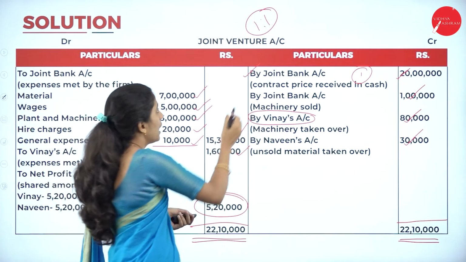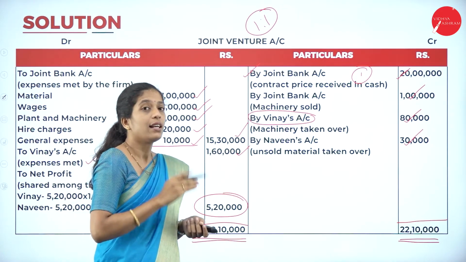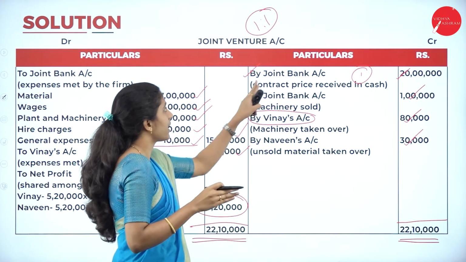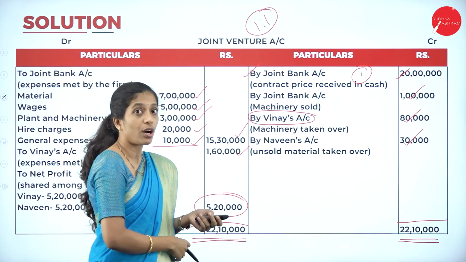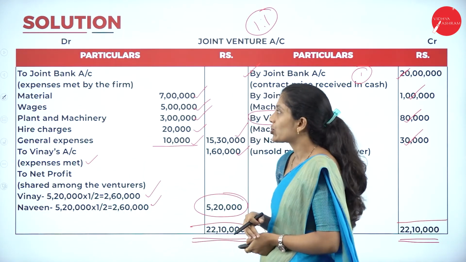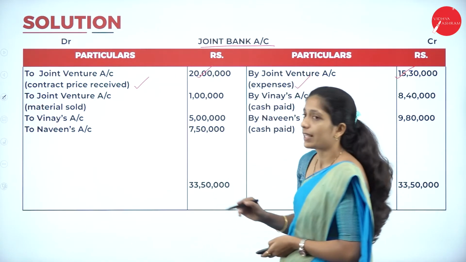So what is the entry? Joint bank account debit to joint venture account. So in your joint bank account, you will record: to joint venture account, contract price received, 20 lakh.